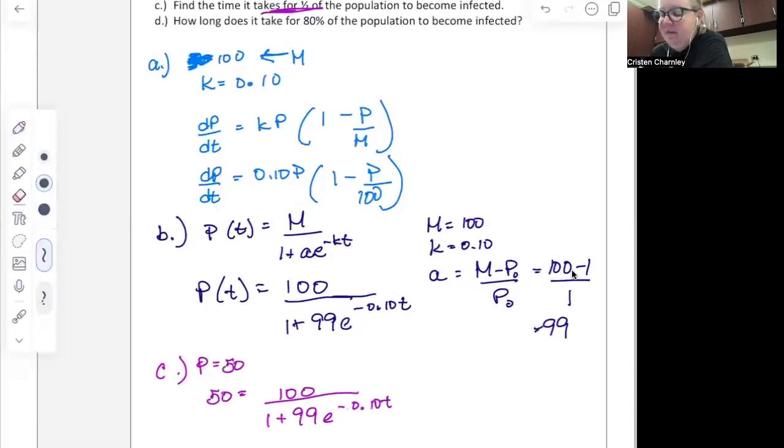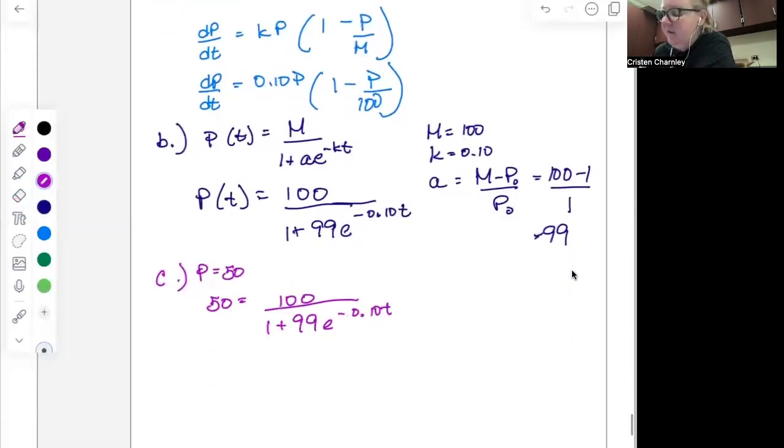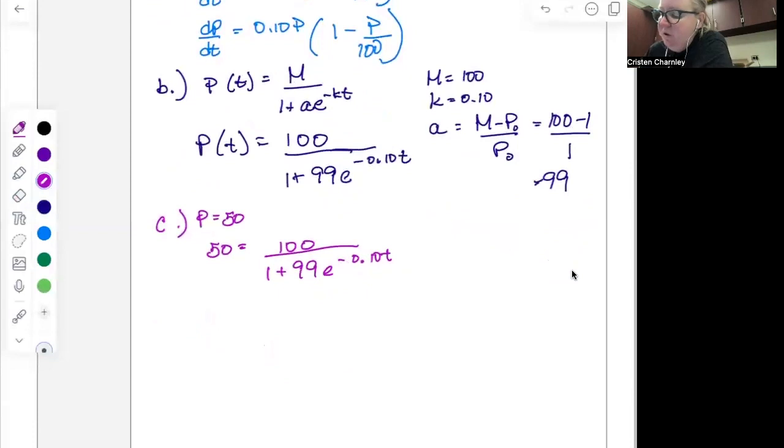And so now we have to solve for t. This is where we have to get a little bit creative with our log rules. I'm going to multiply both sides by this huge quantity and divide by 50. So I have 100 over 50 is equal to 1 plus 99 e to the negative 0.10t.